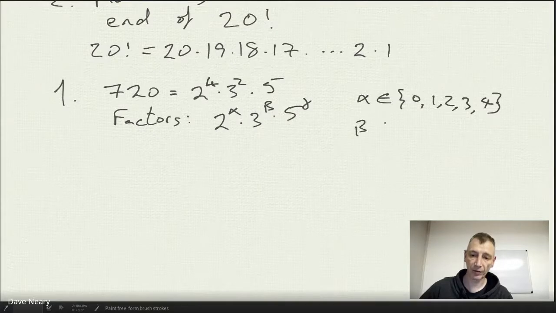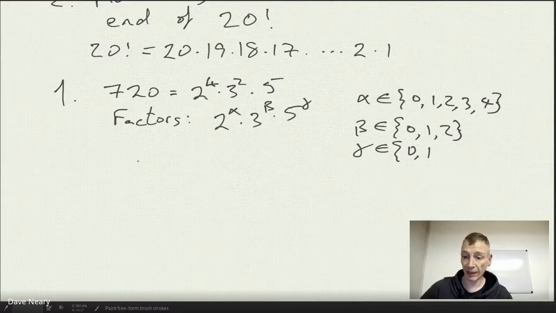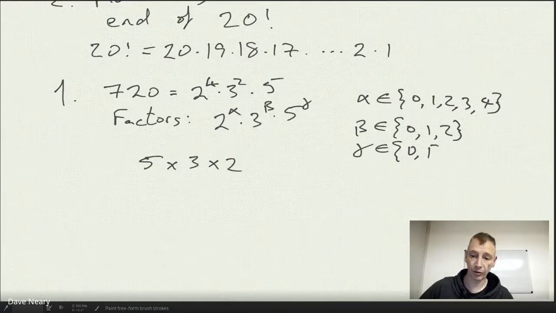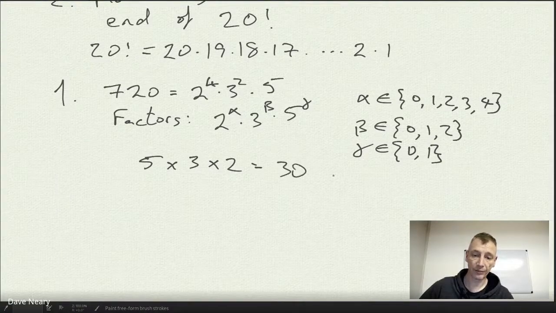Beta can be 0, 1, or 2. And gamma can be 0 or 1. Total number of factors: 5 choices for alpha, 3 choices for beta, and 2 choices for gamma. So we get 30 factors.